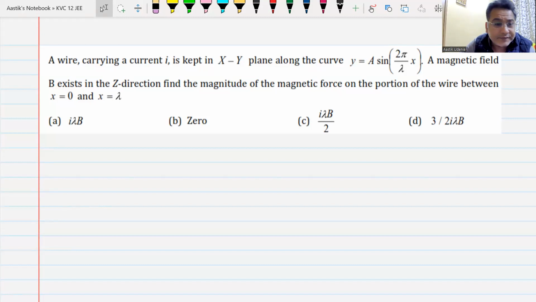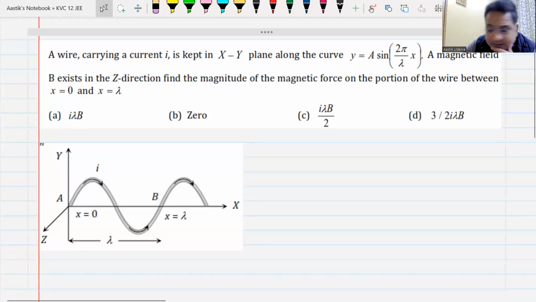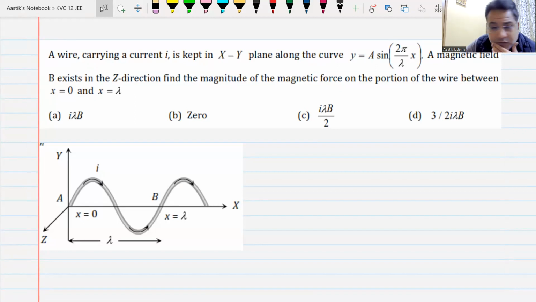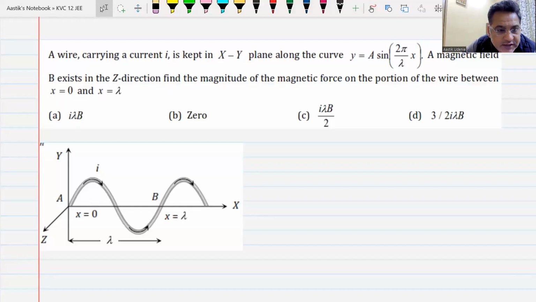So this is the diagram of the wire, and this is the current in the wire. Now, can you give me the answer? What is the force acting on this wire, which is shaped in the form of a sine wave? You have 2 minutes more. Option A. Option A is the correct answer.